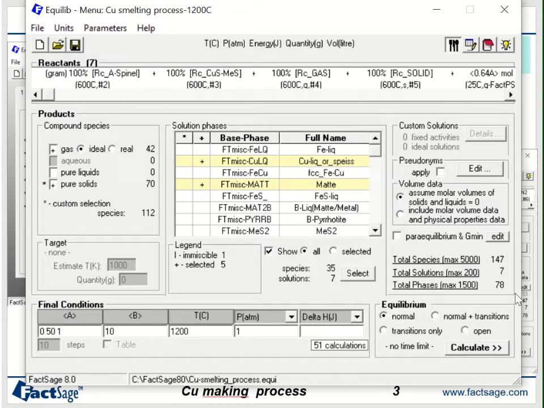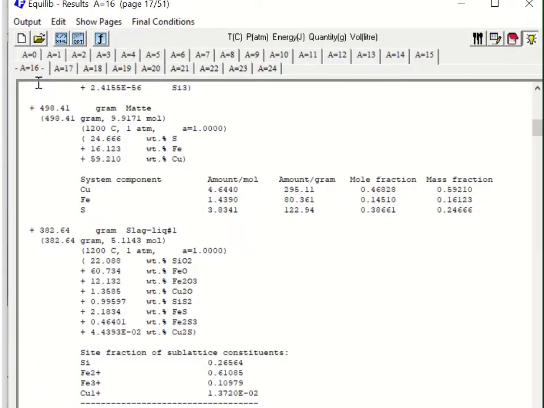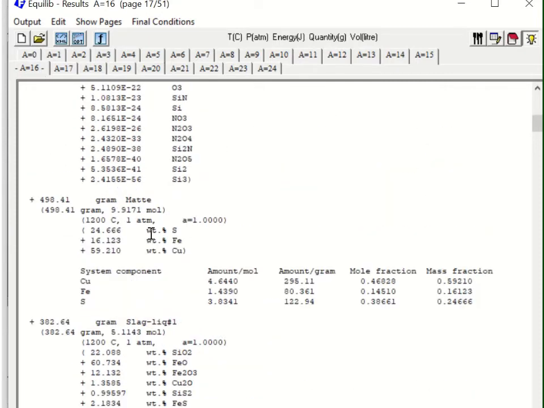Okay, so let's go back again. The calculated result, we say that 16. So this matte is the matte we want to save for the next calculation. Okay, so what I can do is, you can recycle everything again, or you can save only this matte.